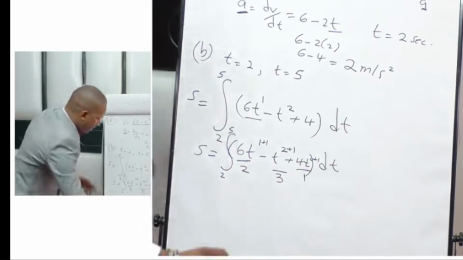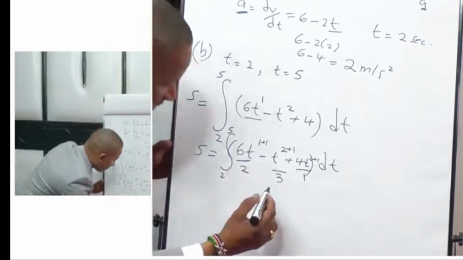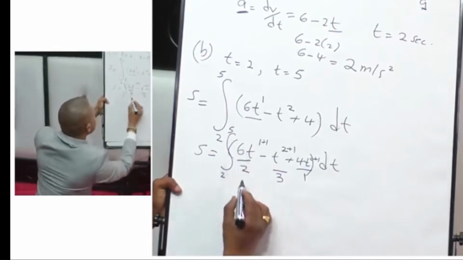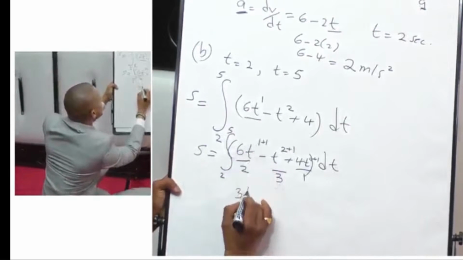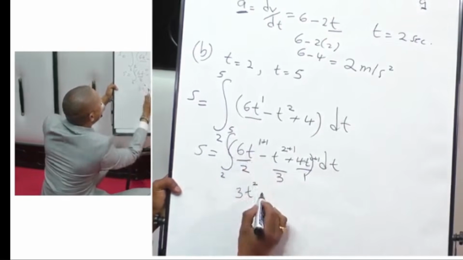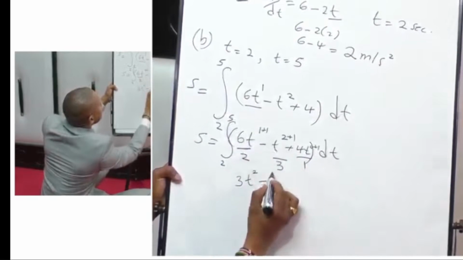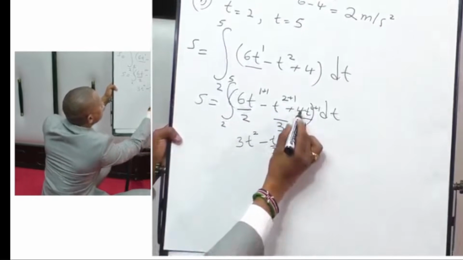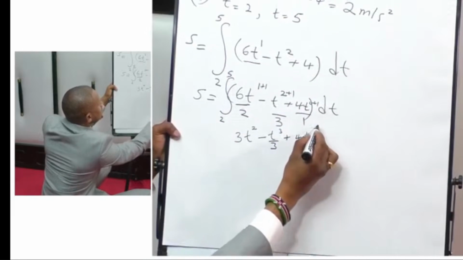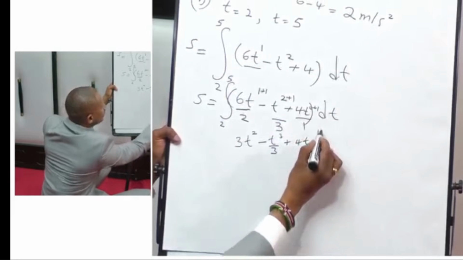So when you integrate this, 6 divided by 2 is 3t squared minus t cubed over 3 plus 4t, with the limits of 2 and 5.